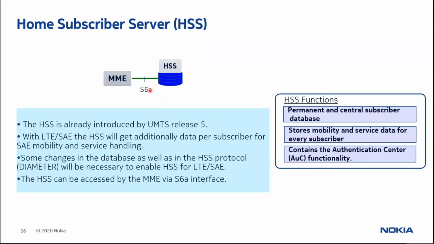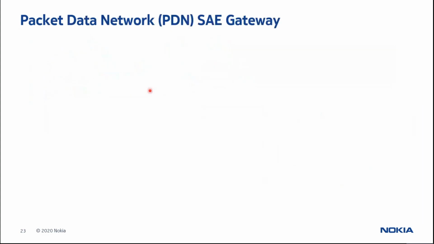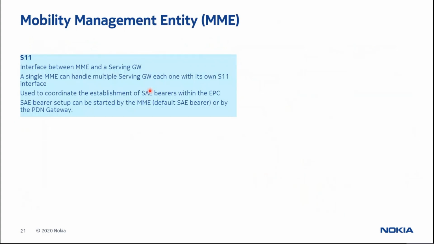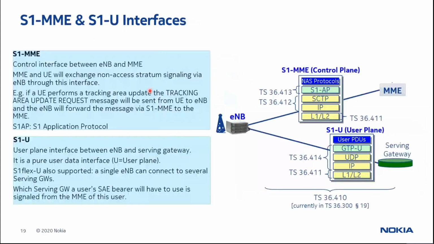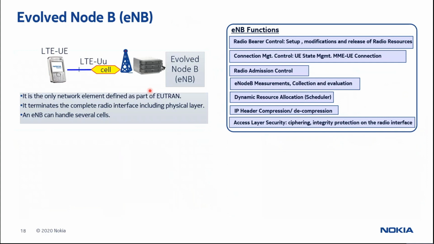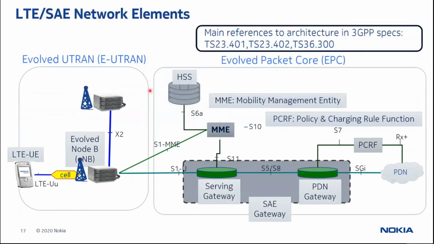Okay, so we have arrived at the end of the session, and remember that one of the key takeaways for you is to understand which is the radio part of the network. This is a particular radio part of the network, and the other part of the network is the EPC, that is Evolved Packet Core Network.